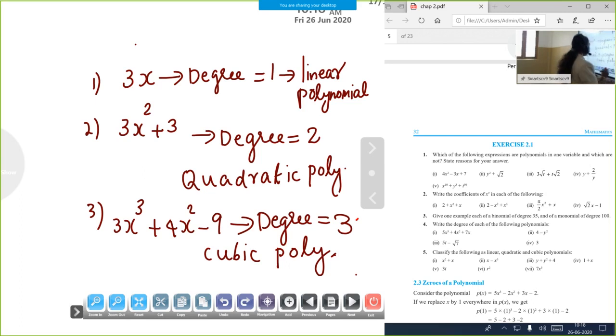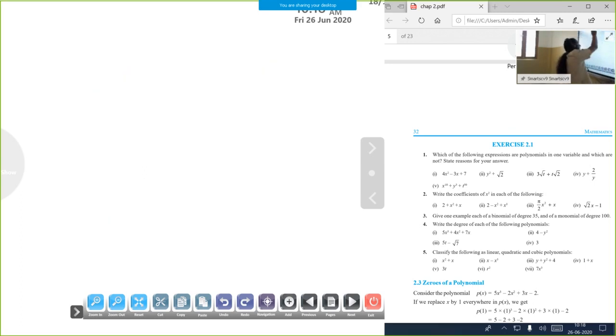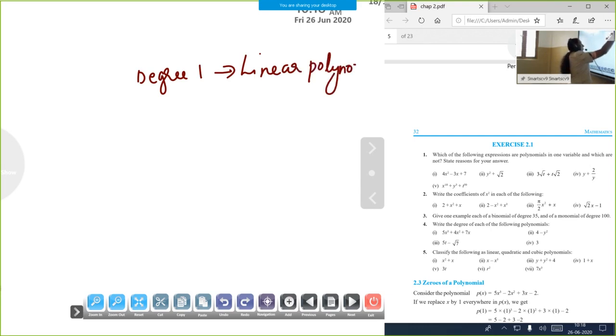Okay, children? So next we write like this. Polynomial's degree 1, it is known as linear polynomial. Then, if the degree is 2, it's known as quadratic polynomial.